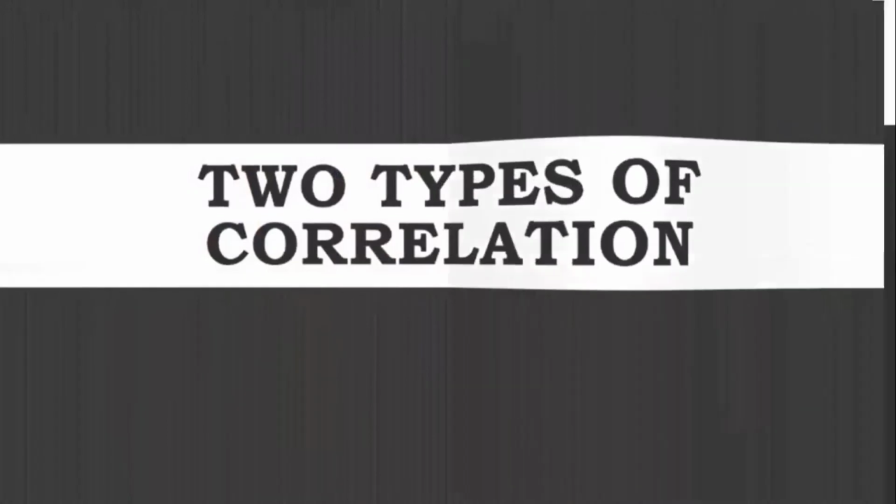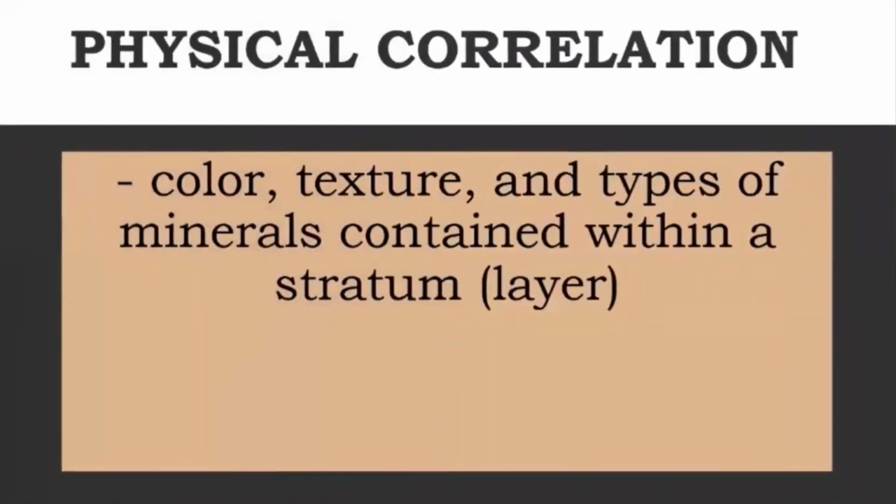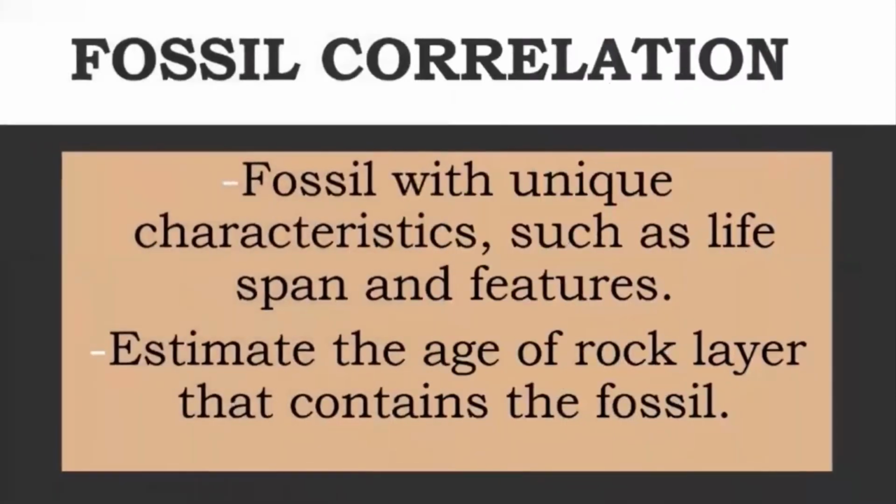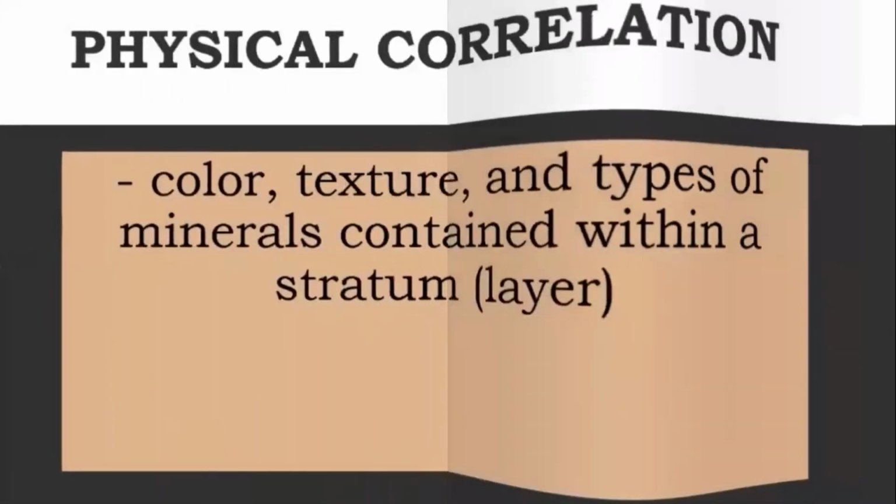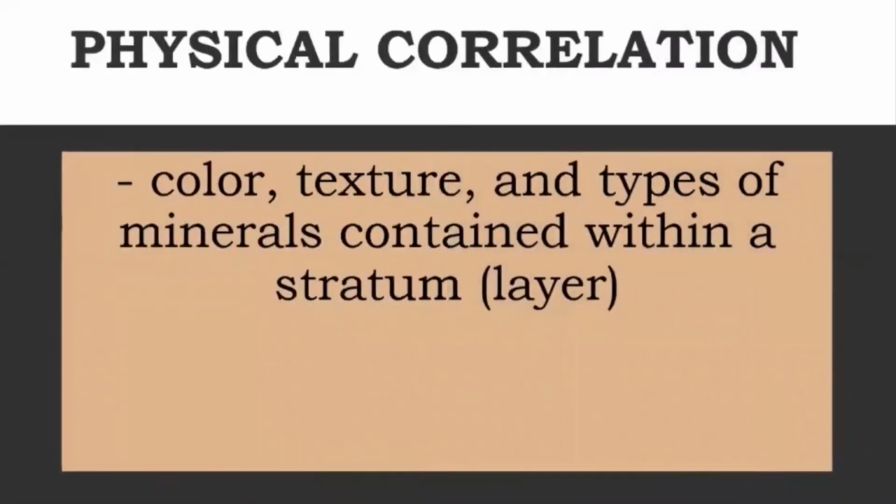There are two types of correlation: the physical correlation and the fossil correlation. Speaking of physical correlation, they correlate rocks through color, texture, and types of minerals contained within a stratum or layer.